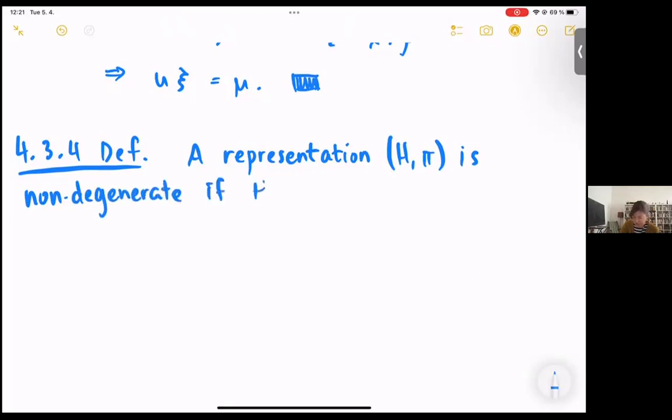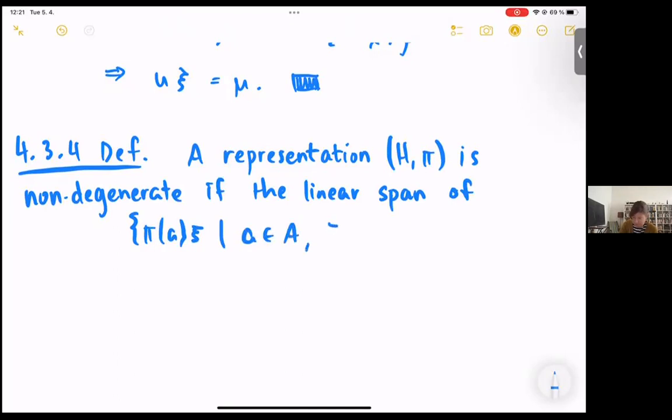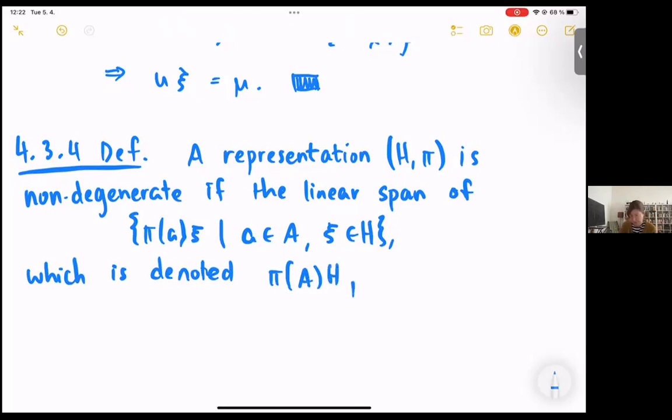So it's non-degenerate if the linear span of pi(a) applied to vectors in H, which we will denote pi(A)H, is dense.